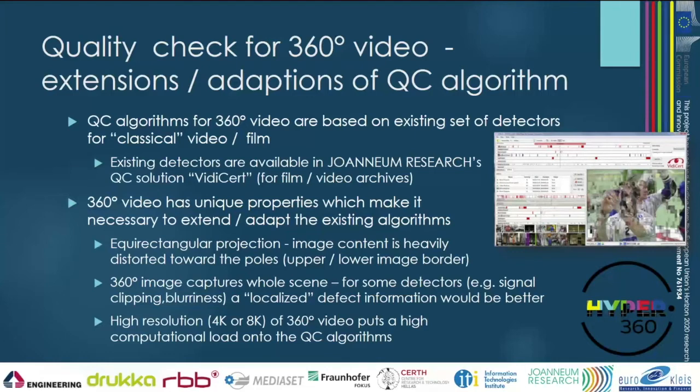And these existing detectors are available in our QC solution VideoCert. That's a product which is mainly geared for film and video archives. You can see the summary application on the right.